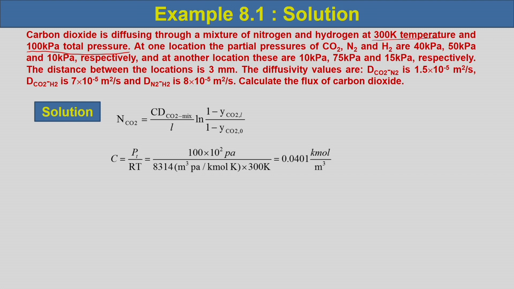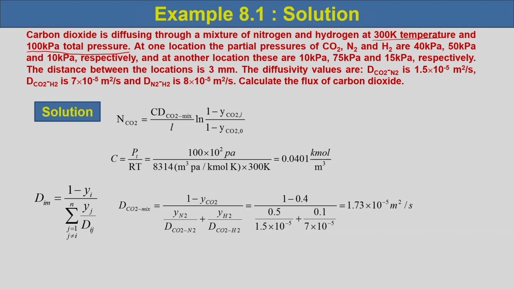So, we can calculate the concentration C to be 0.0401 kilomole per meter cube. Now, we know the mixture diffusivity equation, which is equal to (1 minus yi) divided by the summation over j equal to 1, j not equal to i, of yi divided by D_ij.